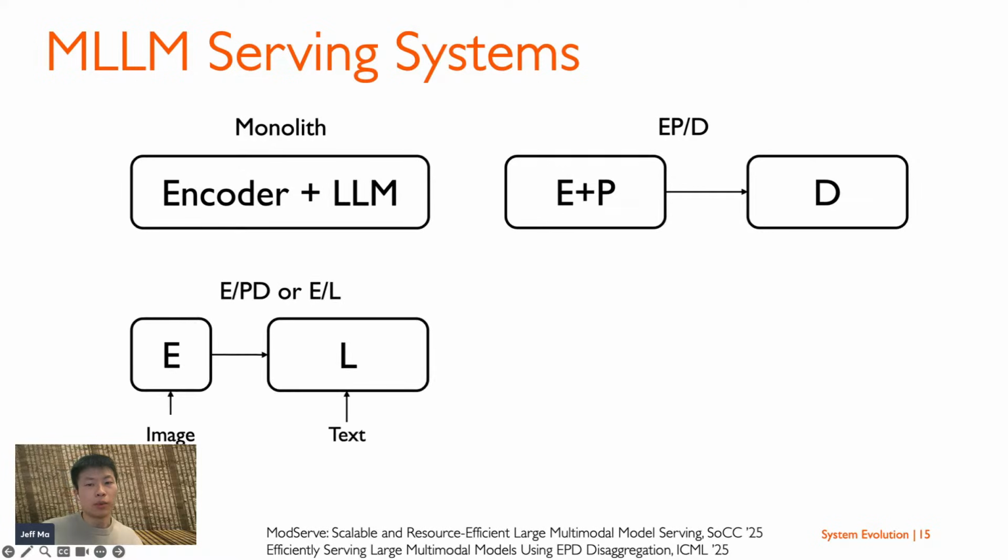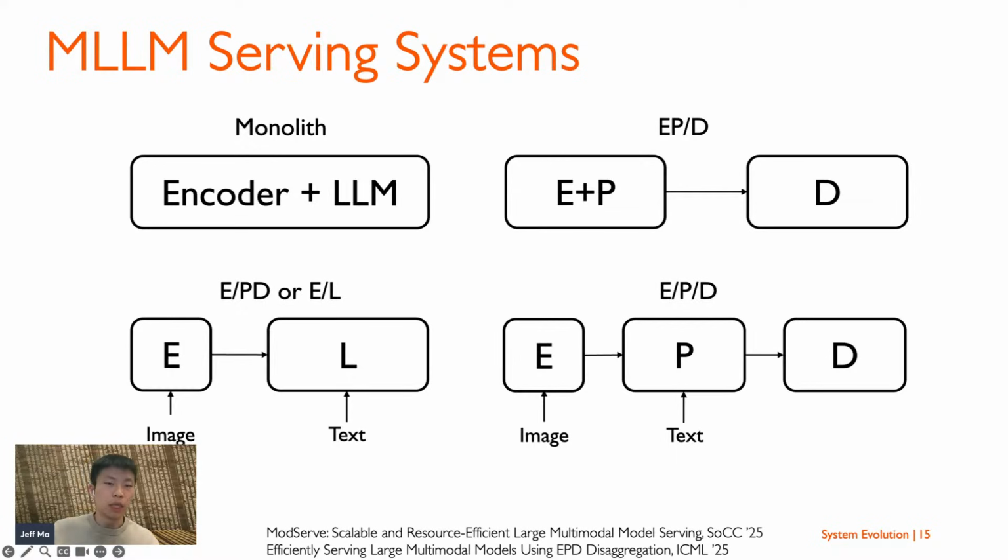Then there's also the option of only disaggregating the encoder into dedicated workers, or having EPD completely disaggregated into different workers. So all these deployment options are proposed by different people, and somehow, interestingly, they all claim that they are better. But which option is actually better?